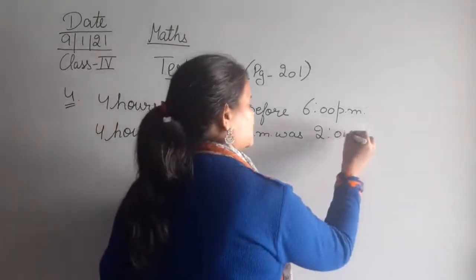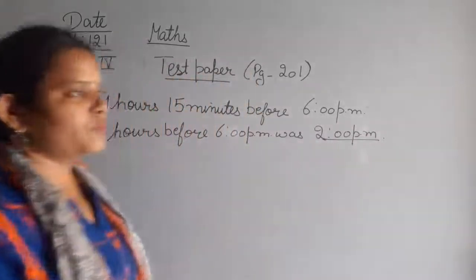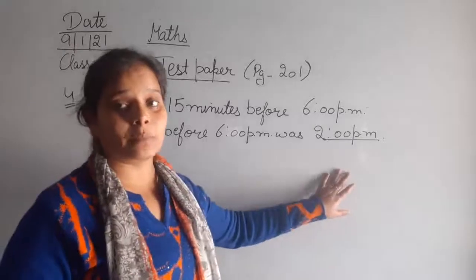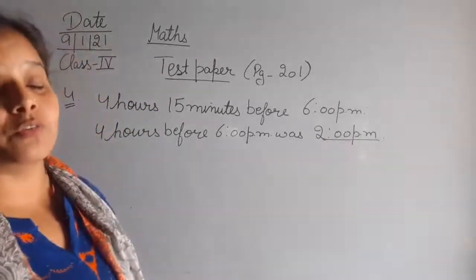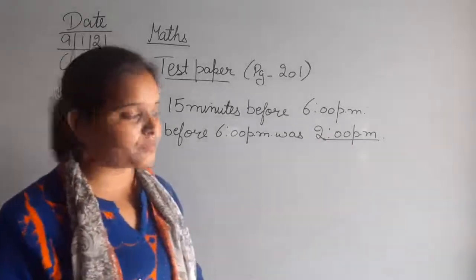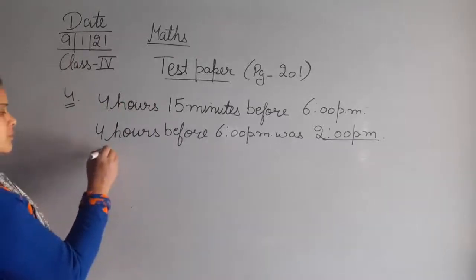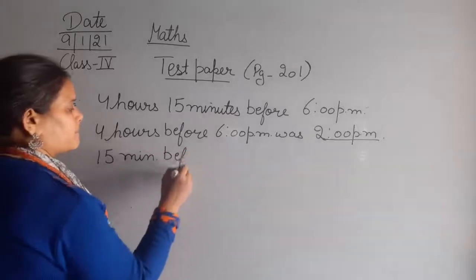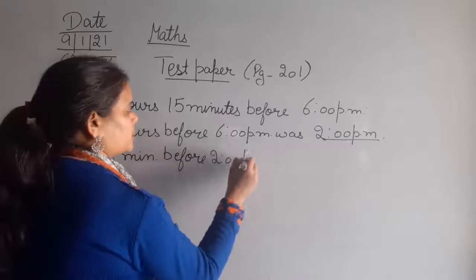That was 2 PM. 4 hours before 6 PM was 2 PM. Now we have calculated 2 PM, but according to the question we have to calculate 4 hours 15 minutes. So let's calculate 15 minutes before 2 PM.